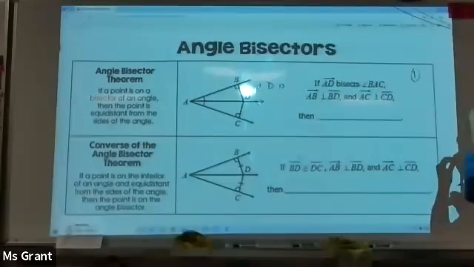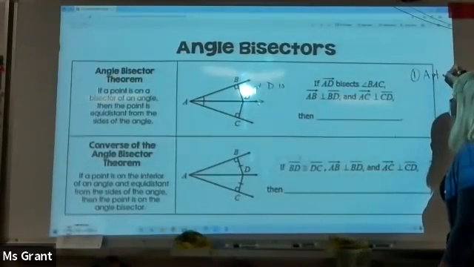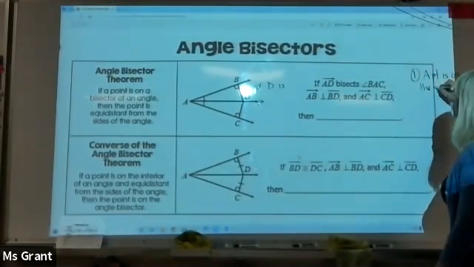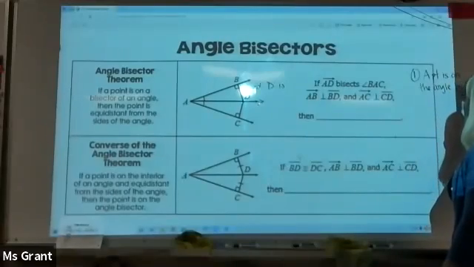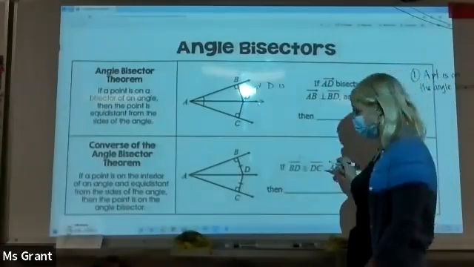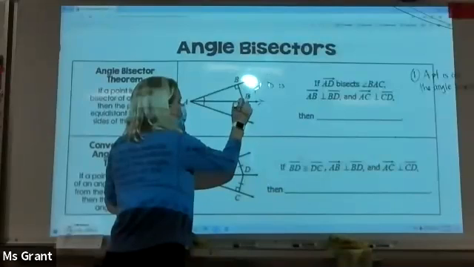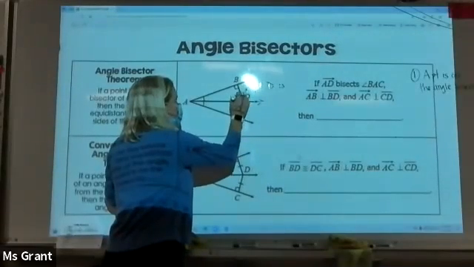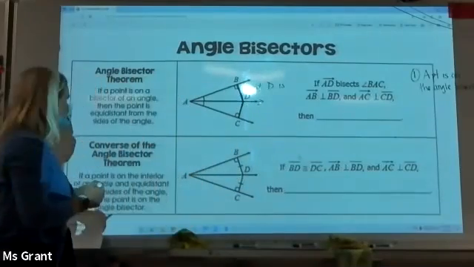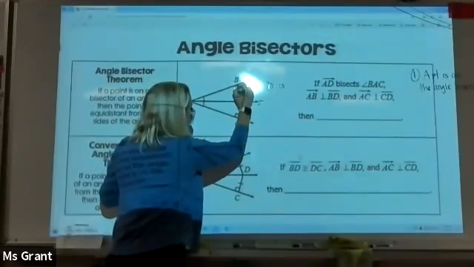So the first thing I know is that I have a point on the angle bisector. Then this point is equal distance from each side of my angle.